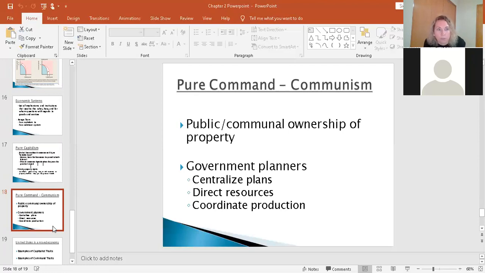They're all in there. Pure command, or communism. We have to be careful when we talk about communism in an economics class that we are really clear that we are not talking about the atrocities that communism has allowed to happen in history or really in current day.